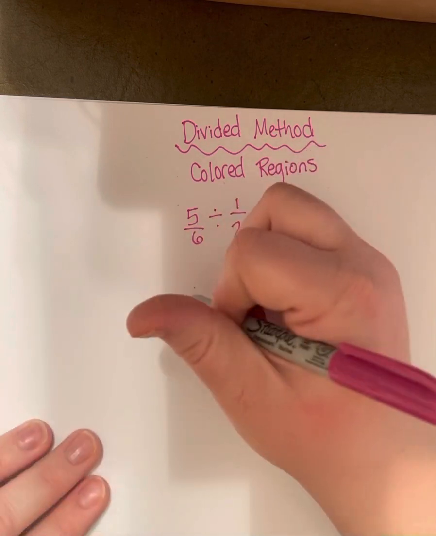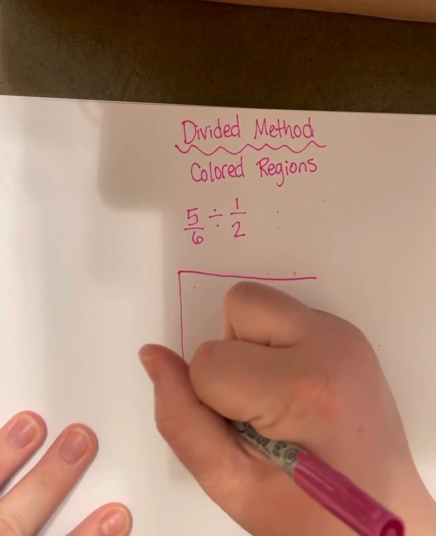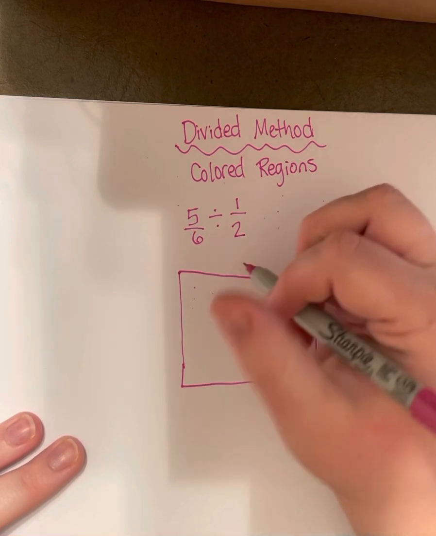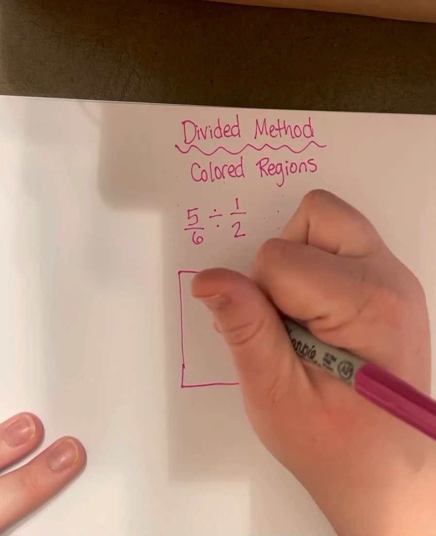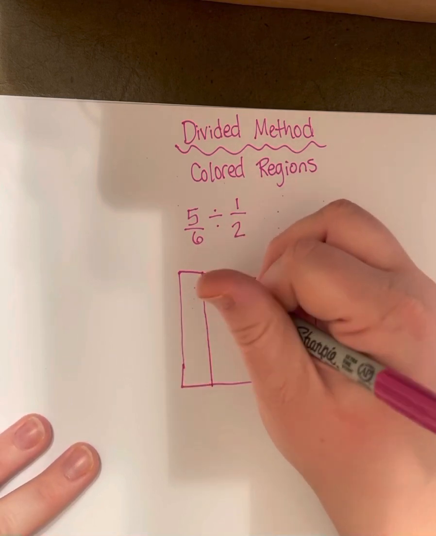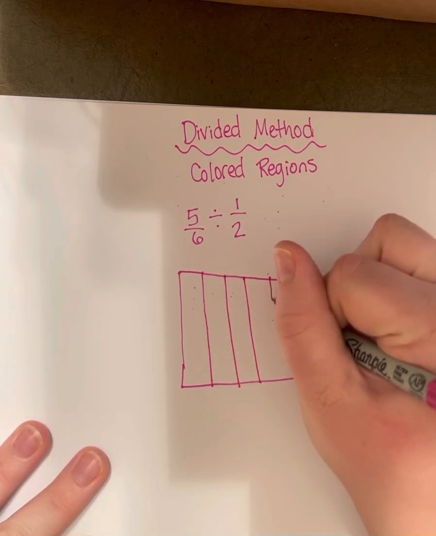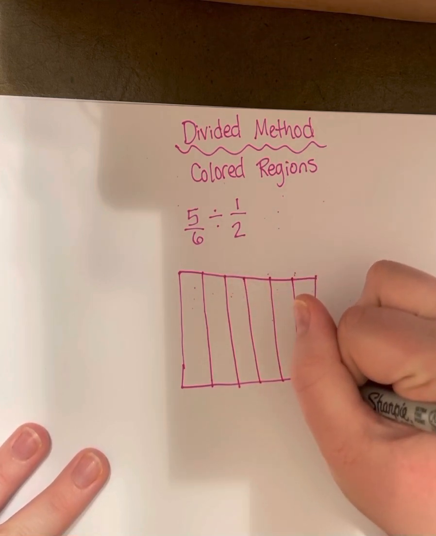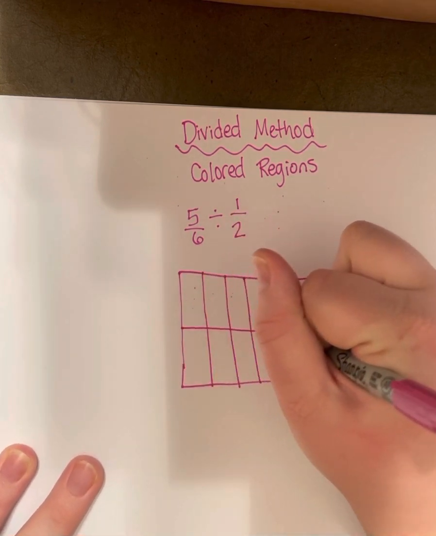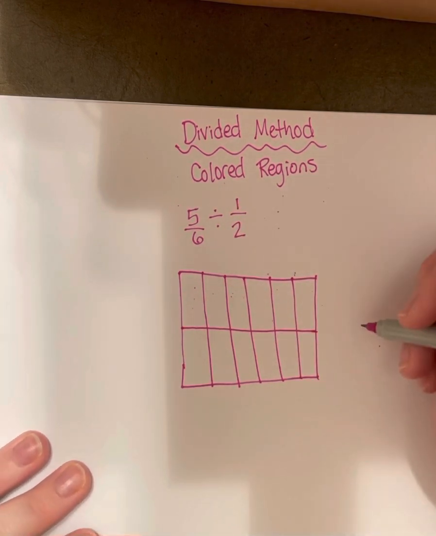So again, we know that we need to draw a diagram. And of course, it's not perfect, but that's okay. And we are going to make 6 columns because we know the 6 is the denominator. So that's our columns: 2, 3, 4, 5, 6, and we're going to cut that in half because there is a 2 in this denominator.